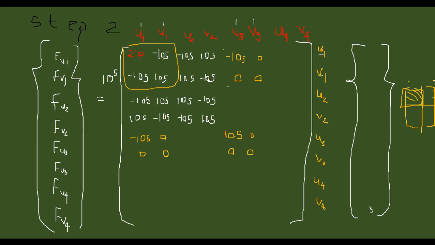These 4, u4 v4 and u4 v4, will be added here. You can check the row and column easily. Then u4 v4 with u1 v1 will be here, and similarly the other 4 here.